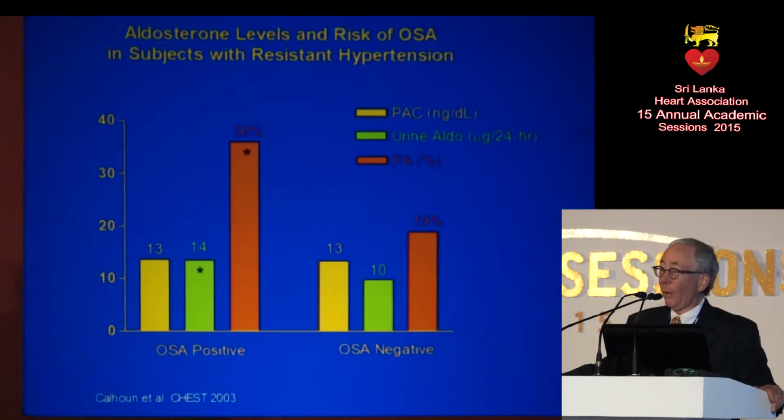And also, take a look at the plasma aldosterone levels, dramatically higher. So these people might not only need continuous positive airway pressure, but they may also need treatment with spironolactone. And I think it may be a combination of those two things that may be the most important treatment strategy.